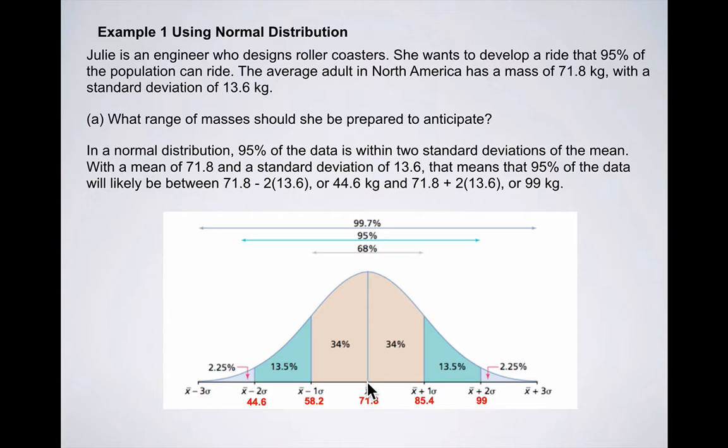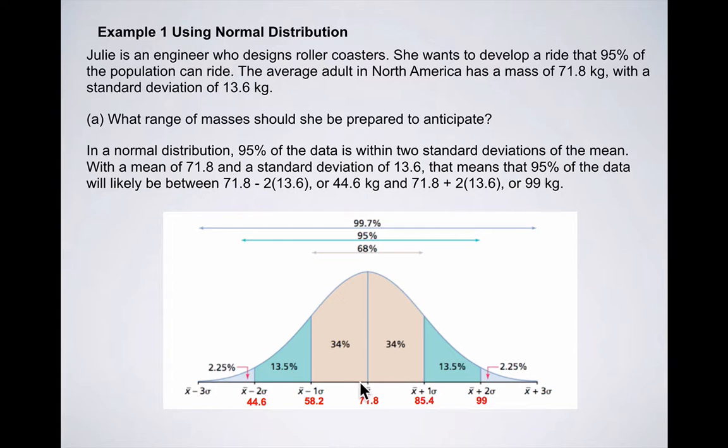the mean is 71.8. One standard deviation above the mean will be 13.6 kilograms above the mean, which is 85.4 kilograms. Two standard deviations above the mean, 85.4 plus another 13.6, is 99 kilograms.